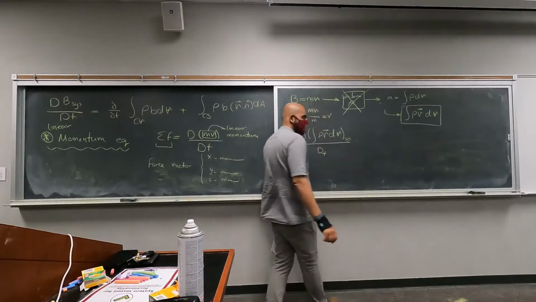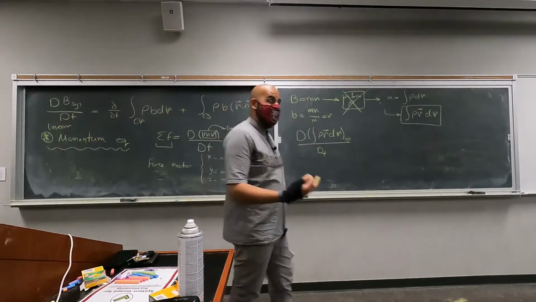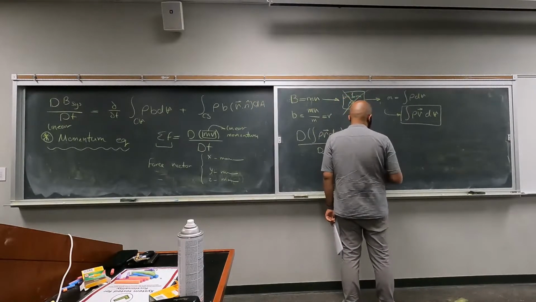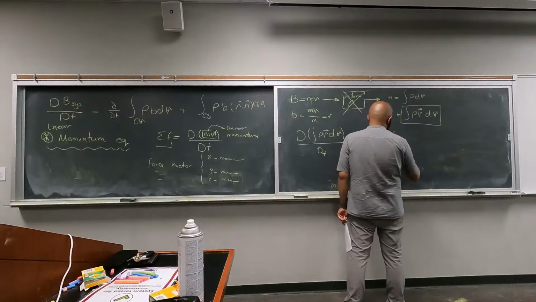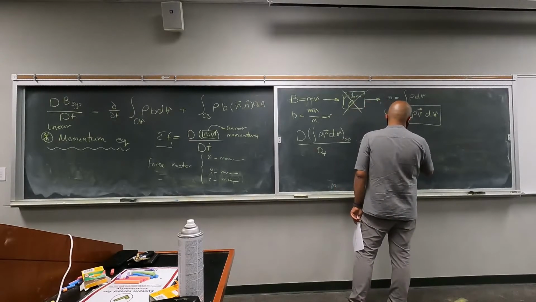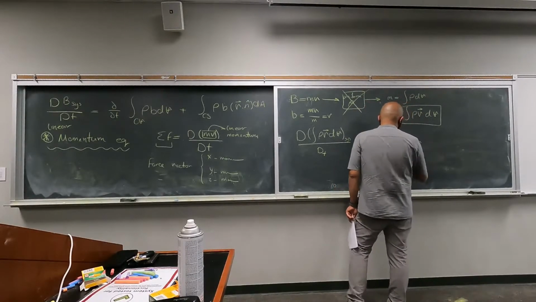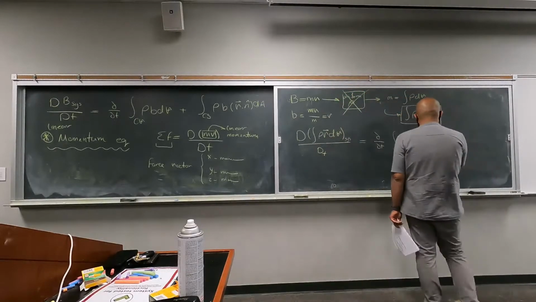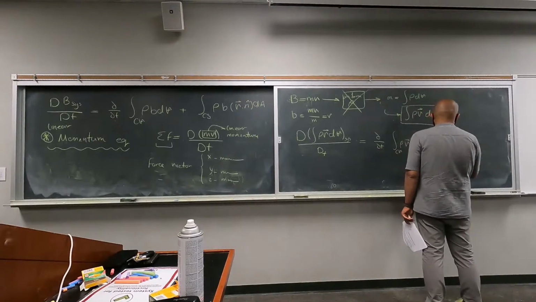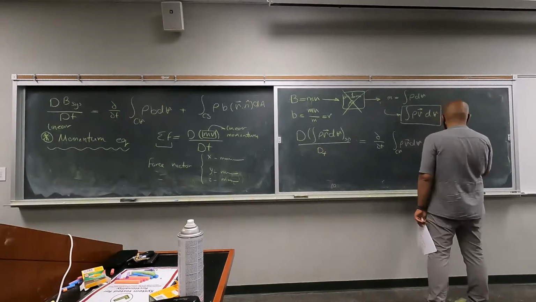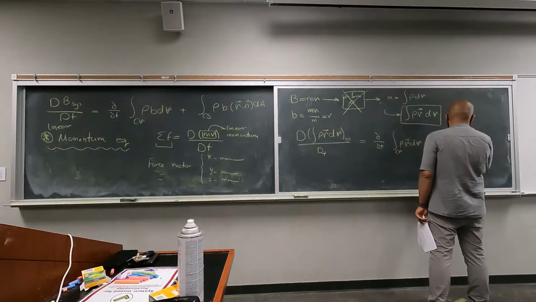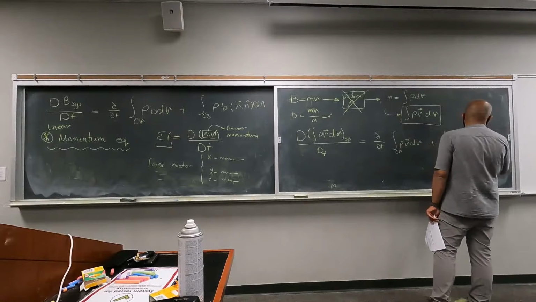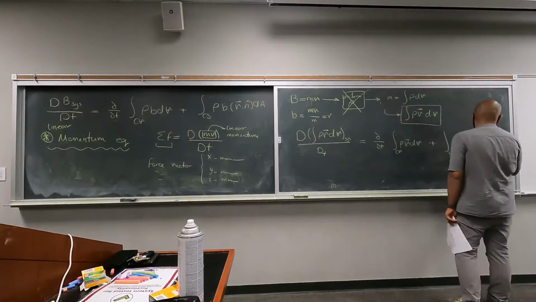So the change of the linear momentum of a system is equal to the rate of change of linear momentum inside the control volume plus the influx or outflux of linear momentum out of the surfaces.